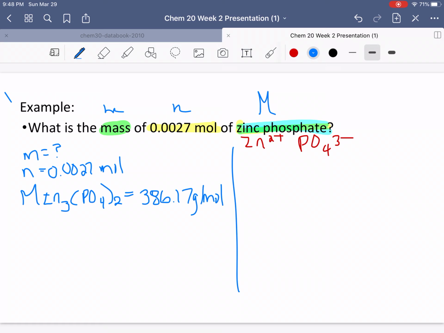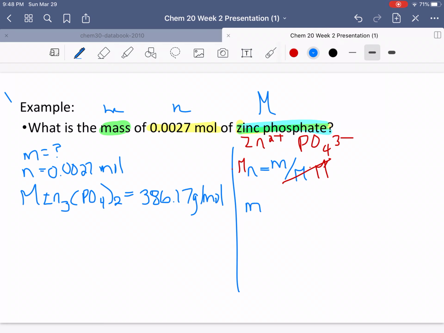You're going to have to rearrange that formula. If the original is n equals m over capital M, and we're trying to get little m by itself, well, the big M's in the way. So times by capital M on both sides, those cancel out.